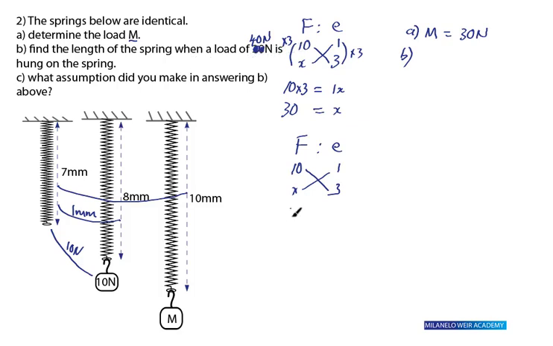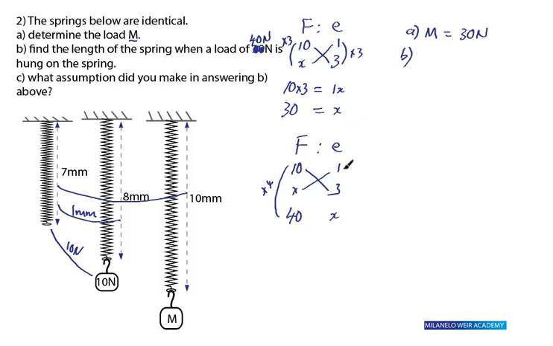So this is 40 now, and here we have x. From 10 to 40, we multiplied by 4.